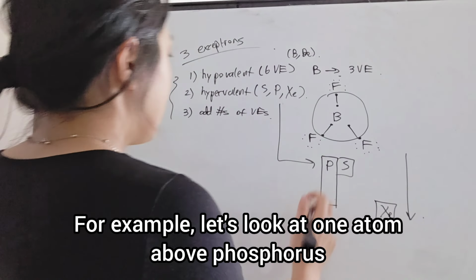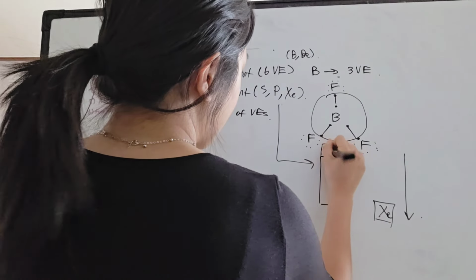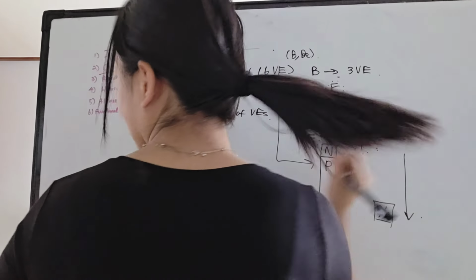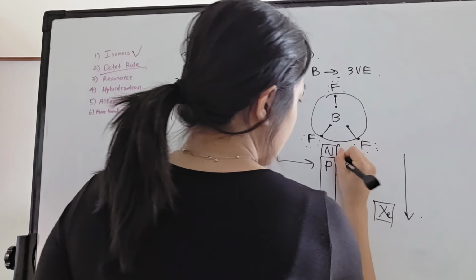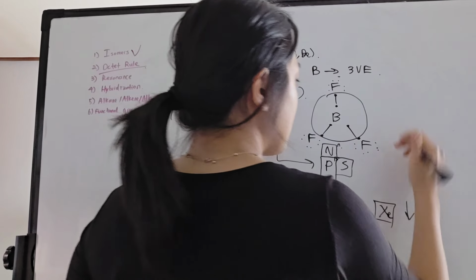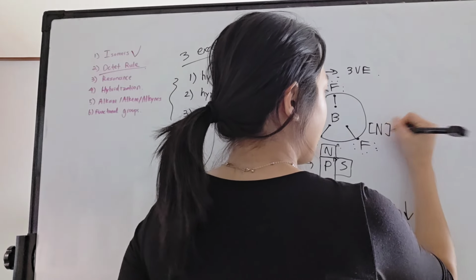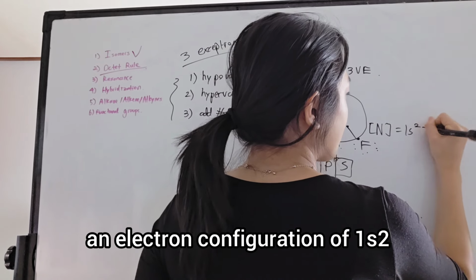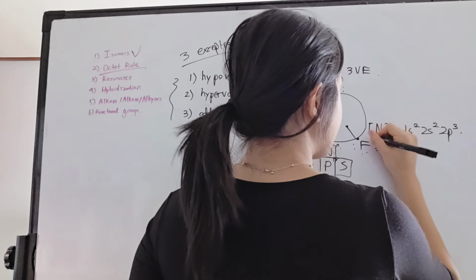For example, let's look at one atom above phosphorus, which is nitrogen. Nitrogen has an atomic number of 7. Phosphorus has an atomic number of 15. Now let's draw out the electron configuration of nitrogen and phosphorus. Nitrogen would have an electron configuration of 1s2, 2s2, and 2p3.